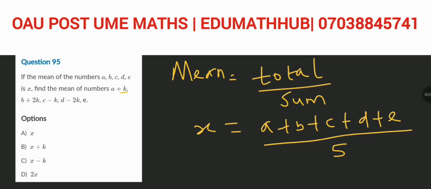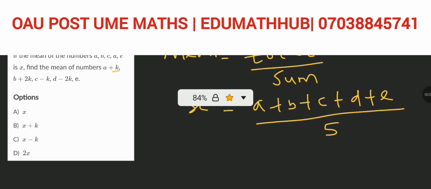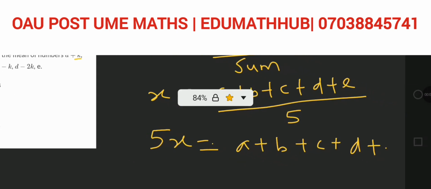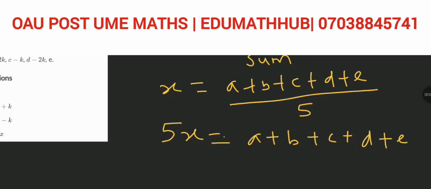There are 5 in total: a, b, c, d, e. So you are dividing by 5. If you solve this, let's cross multiply. You're going to get 5 times x. So 5x is equal to a plus b plus c plus d plus e. So that's the value of 5x.